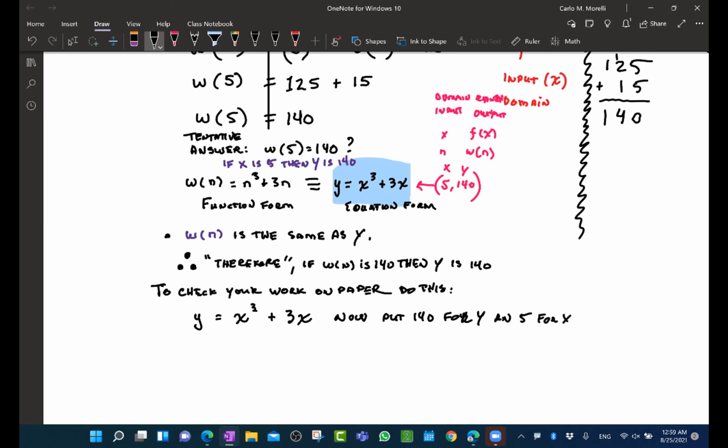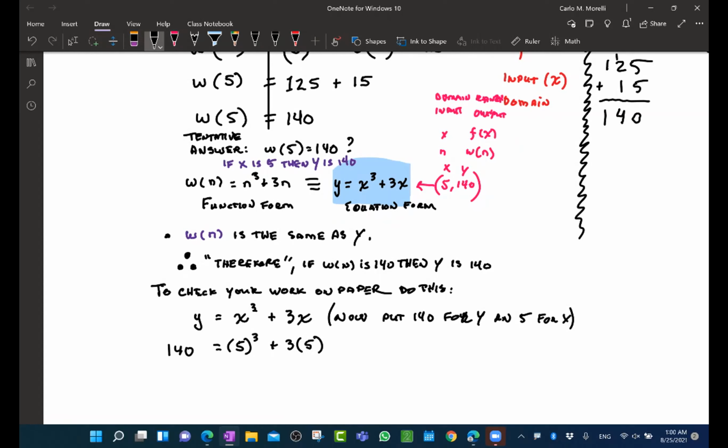And we will end up using a property of fundamental mathematics called the identity property of equality. So now we're going to substitute, okay? That's what this means. So I'm going to write 140 equals, remember, 5 goes in parentheses, 5 cubed plus 3 open parentheses 5. And it's a question, okay? I want to make this clear.